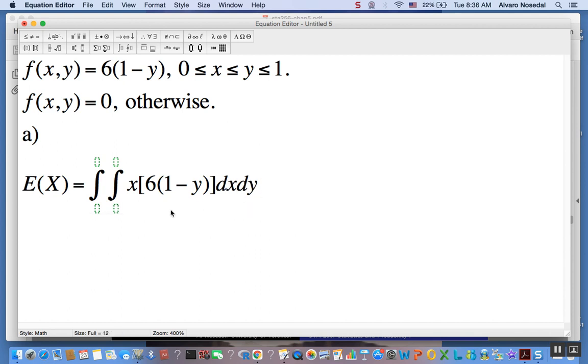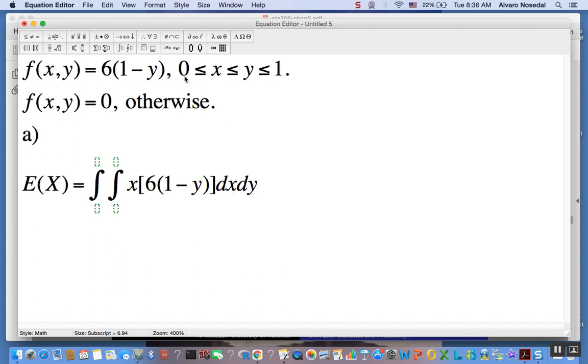If we are careful with the limits, there's a calc theorem, Fubini's theorem, that tells us that you could do the integral with respect to x and then with respect to y, or with respect to y and then with respect to x. So if we are careful, we end up with the same answer. Anyway, let's do it with respect to x first.